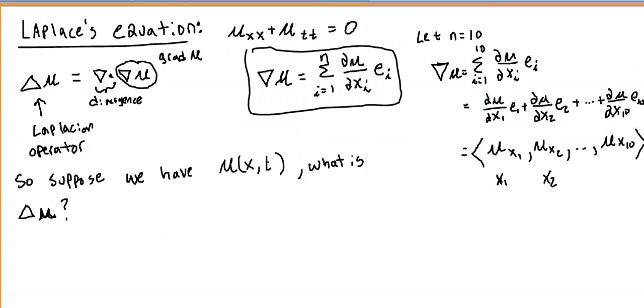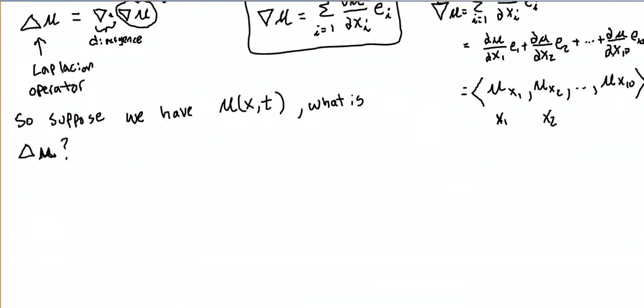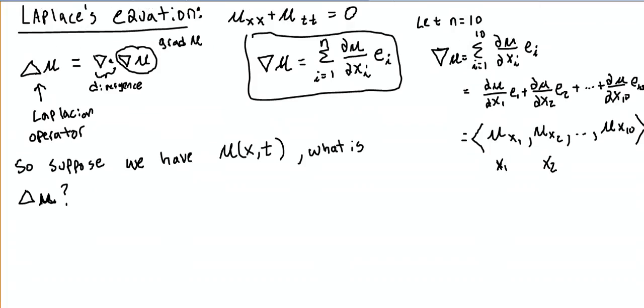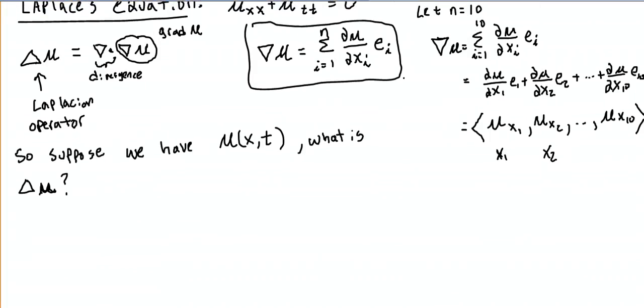So what is this? Well, let's start with what we have and what we don't have. Suppose we have this. We don't have that, but we're trying to get there.